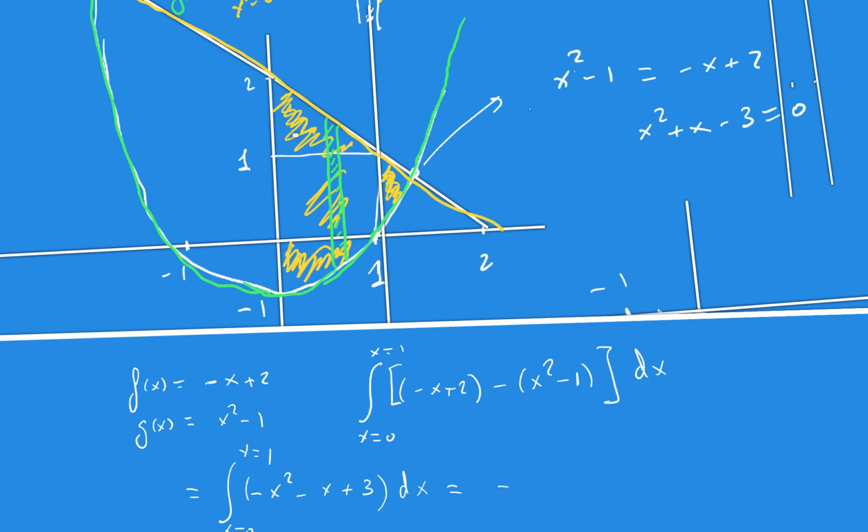This integral is easy to do. The antiderivative of this is minus x cubed divided by 3 minus x squared divided by 2 plus 3x.